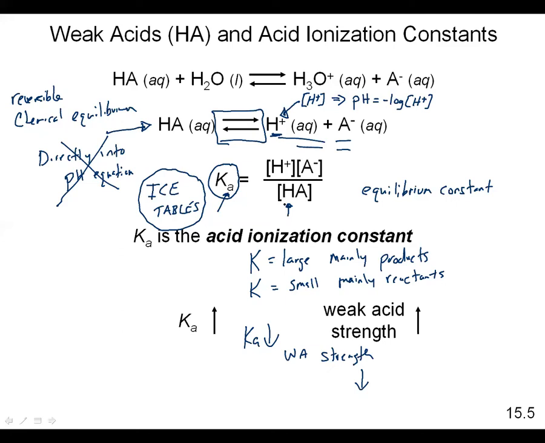And thus, if you did not produce a lot of free H plus, you then would have a higher pH, right? It wouldn't be as acidic in that case, and it would be a much weaker weak acid.